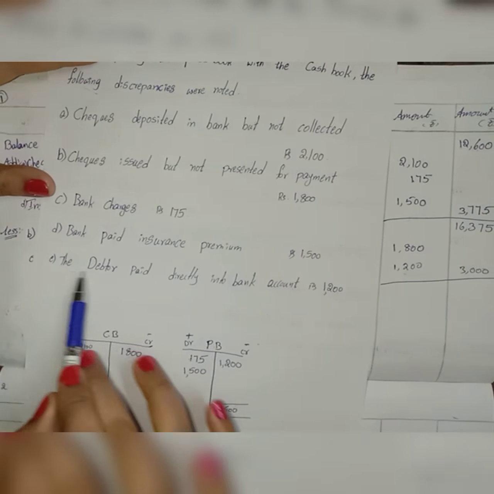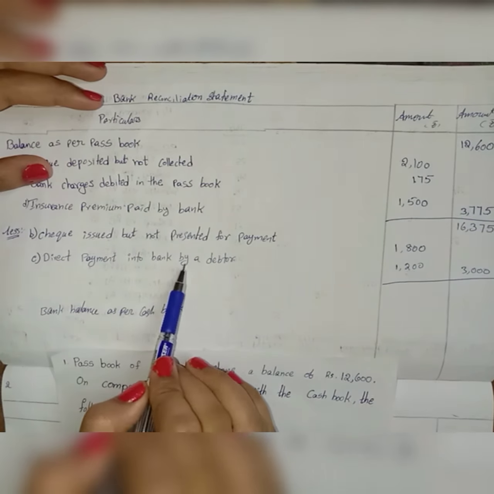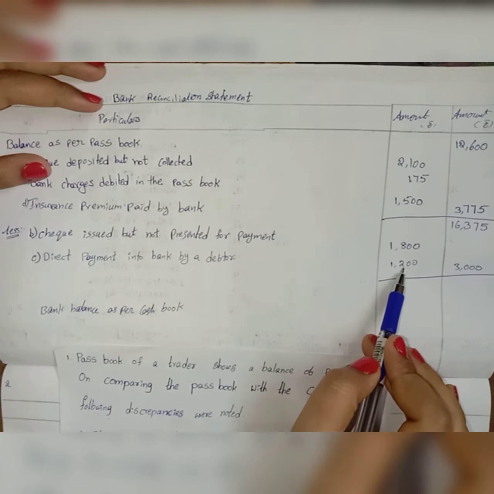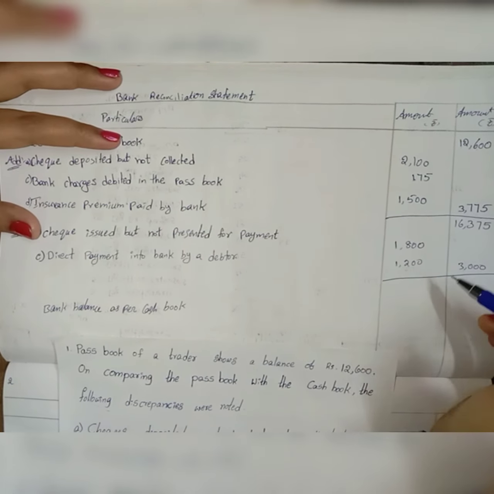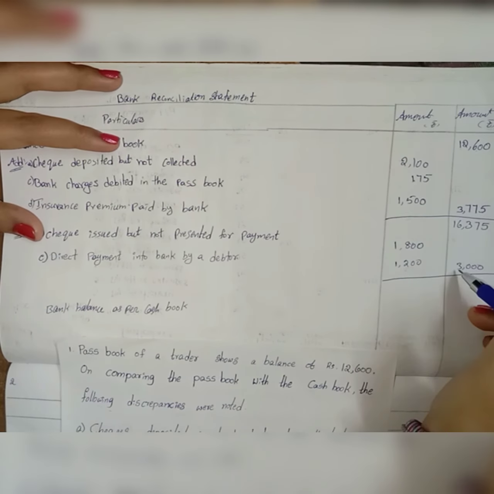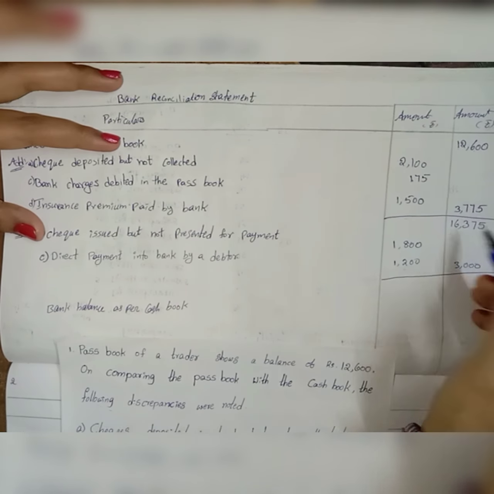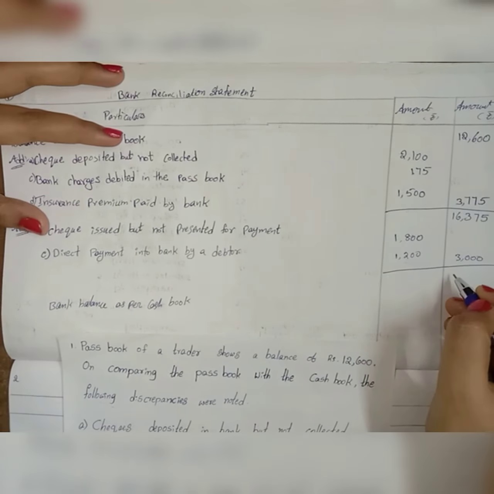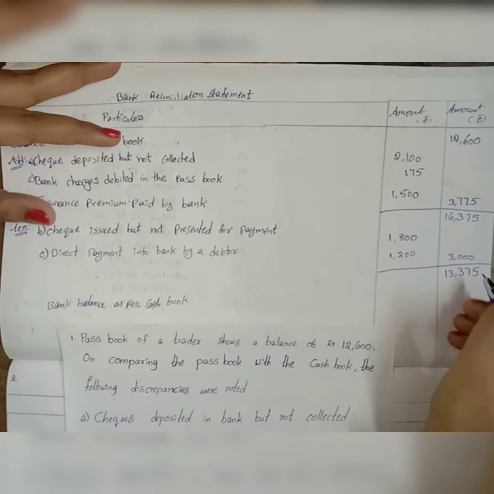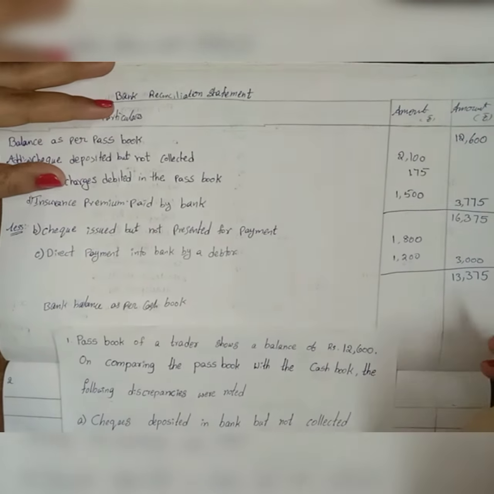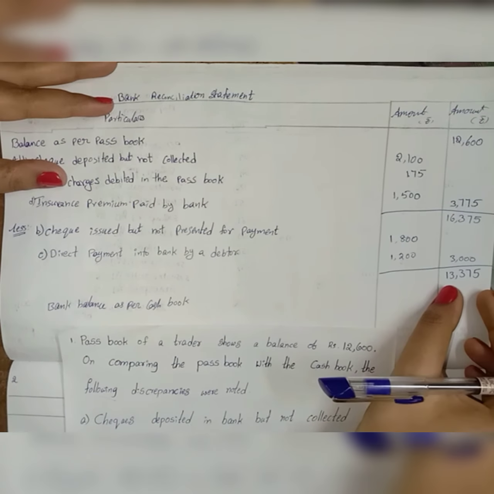And next one, direct payment into bank by a debtor, 1,200. 1,800 plus 1,200, total is 3,000. Now 16,375 minus 3,000, and the total is 13,375. So this is the bank balance as per cash book.